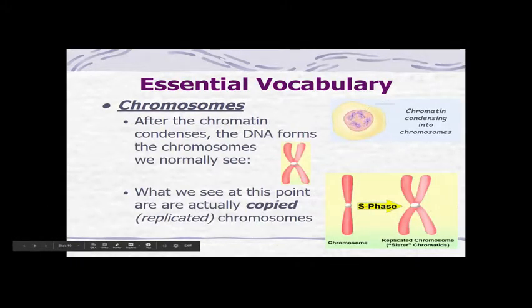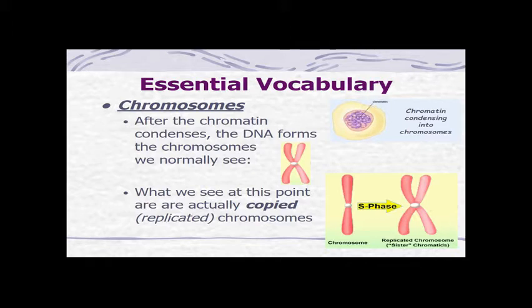After the chromatin condenses, the DNA forms the chromosomes that we normally see, that X shape of a chromosome. When we see the chromosomes in this X shape, what we are actually looking at are copied or replicated chromosomes, where that one rod, which we weren't able to see before, during the S phase of the cell cycle actually copies itself.